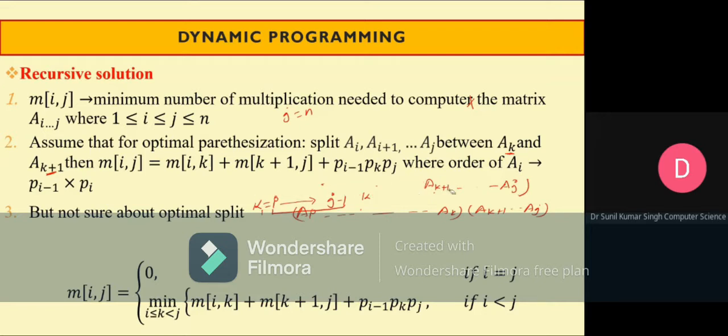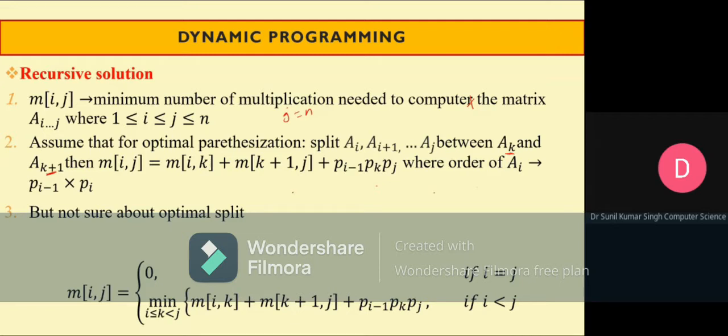While splitting the sequence of matrices, k can take the values from i to j minus 1.